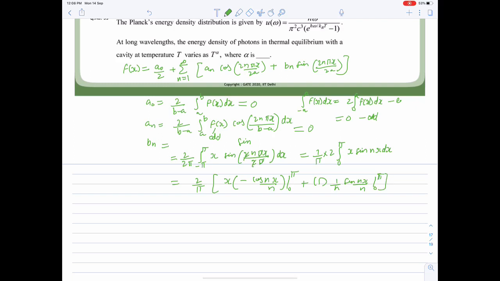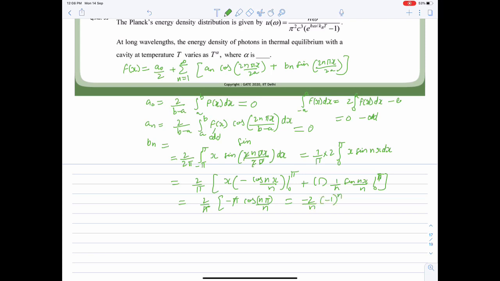Obviously from 0 to pi this will vanish, and we will be left with 2 upon pi, and when we apply limits it will become minus pi cos n pi upon n. So this will cancel and we will be left with minus 2 upon n. Cos n pi is minus 1 to the power n.